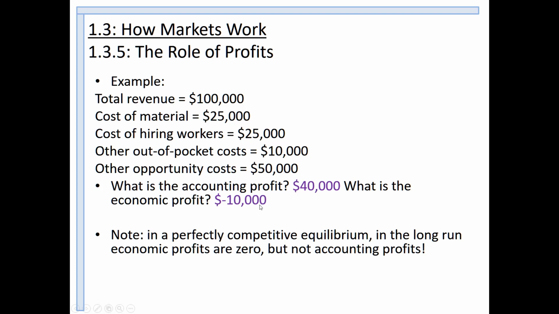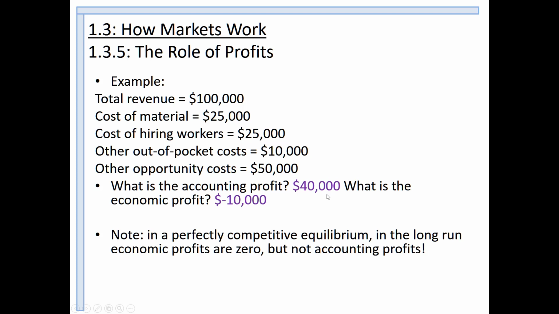And it makes sense that you have to take that into account. Think about it. Either you make 50,000 on a job, or you make 40,000 on your own business in accounting profit. You can see that your opportunity cost is huge compared to the accounting profit.